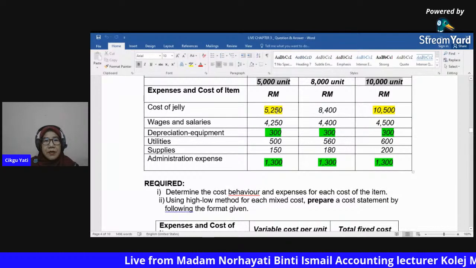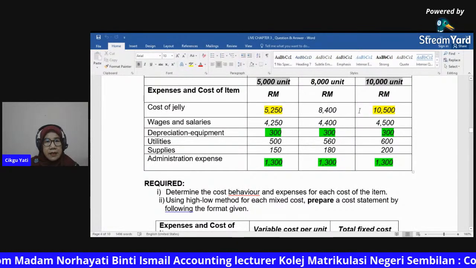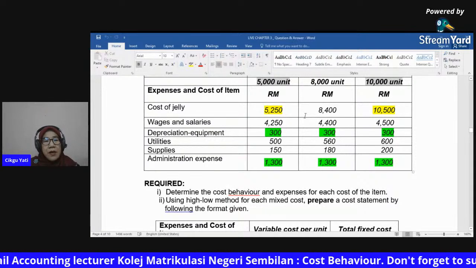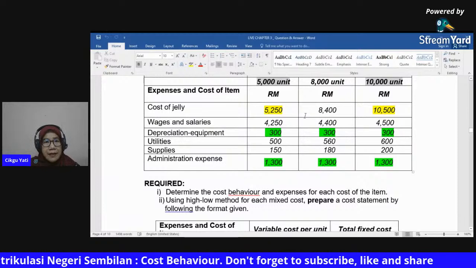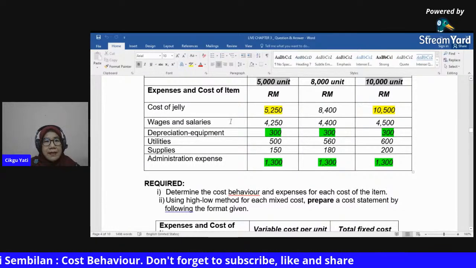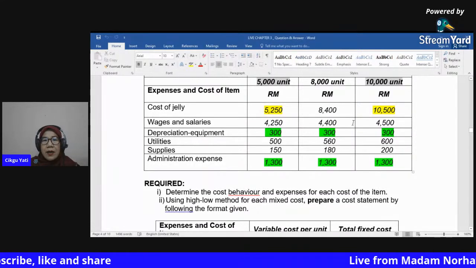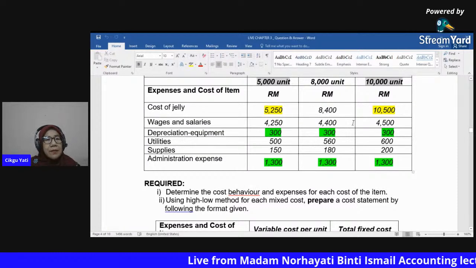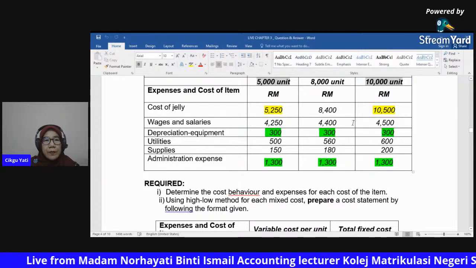The cost is 5,250 and then the cost increases. That means maybe you have to calculate. But cost of jelly is direct material because we are producing honey jelly. Wages and salary, the cost increases when the level of output increases. So maybe this one is mixed cost, but we have to calculate using the high-low method.